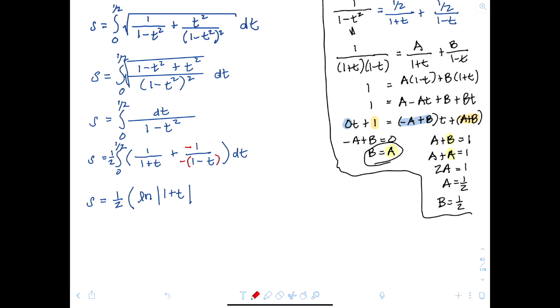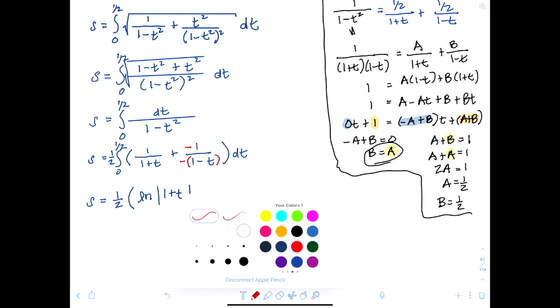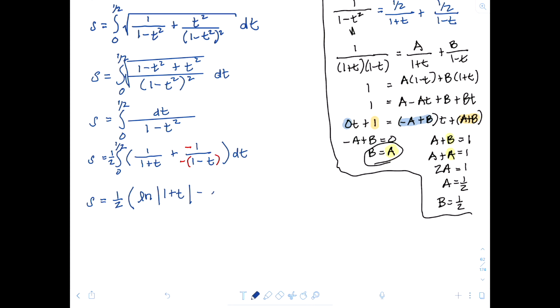So I will end up with minus natural log absolute 1 minus t. And that goes from t equals 0 to t equals 1/2.